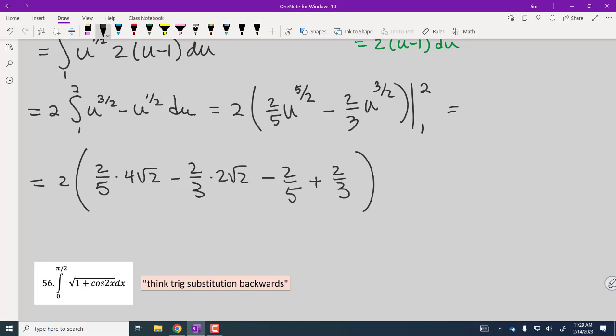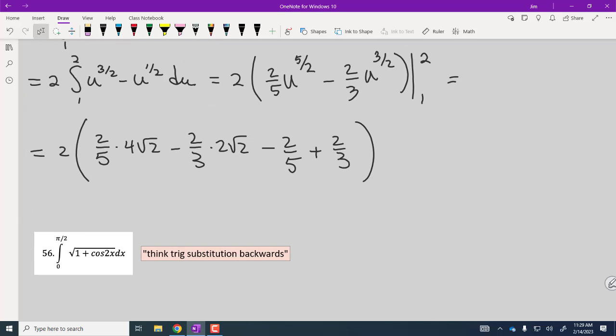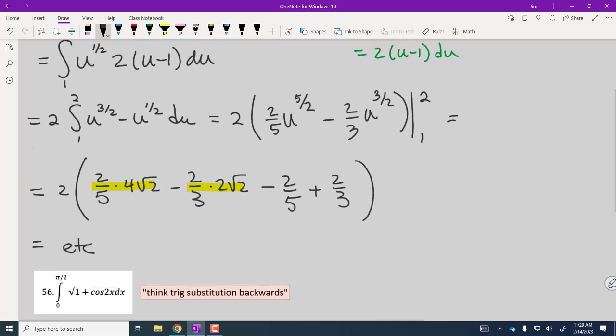And then we just have to get a common denominator, combine like terms, and get the simplified answer. So we can combine these, we can combine those, combine those. Let's not go through that arithmetic, but you could combine those. Any questions before that?